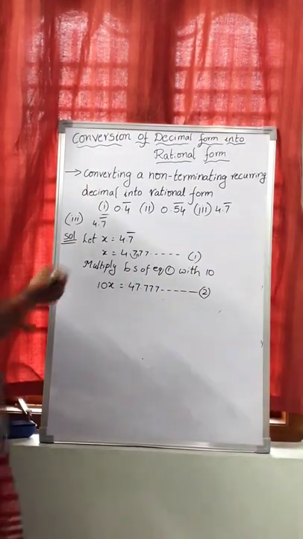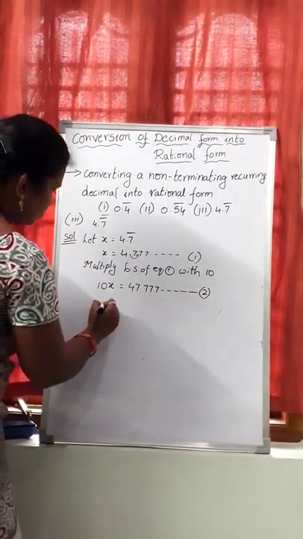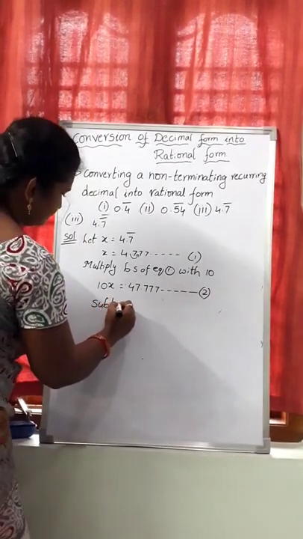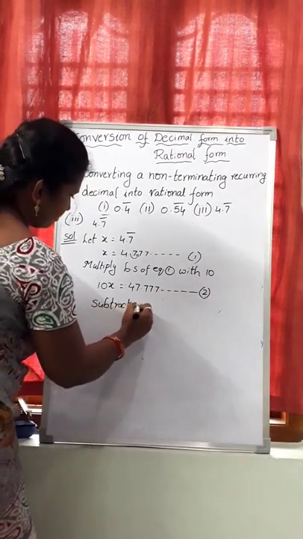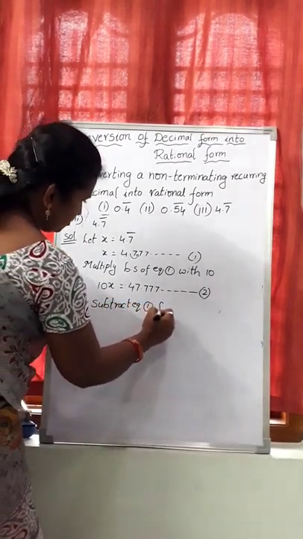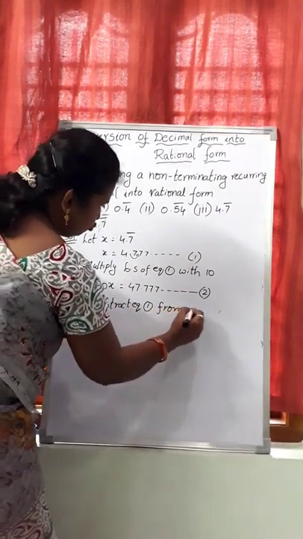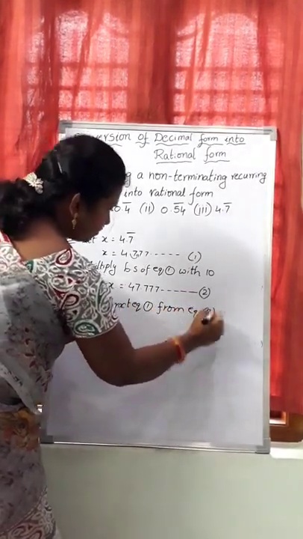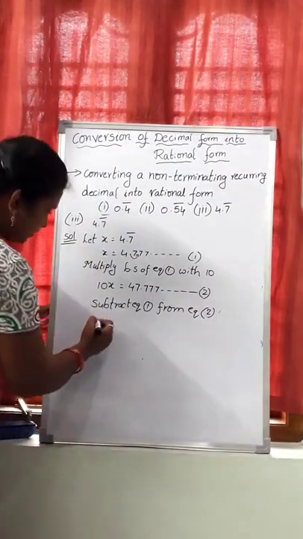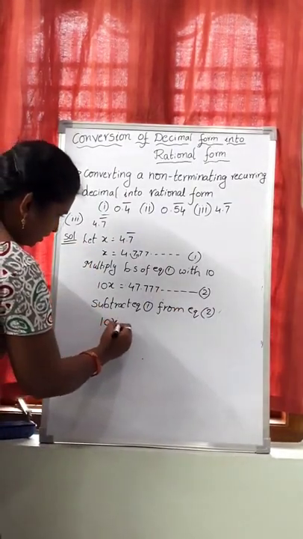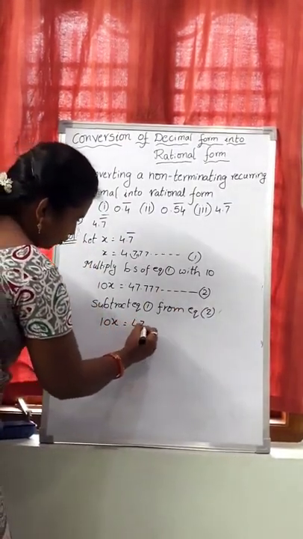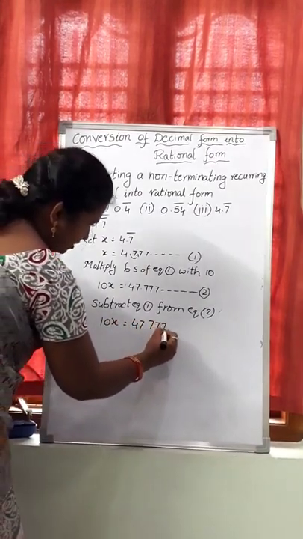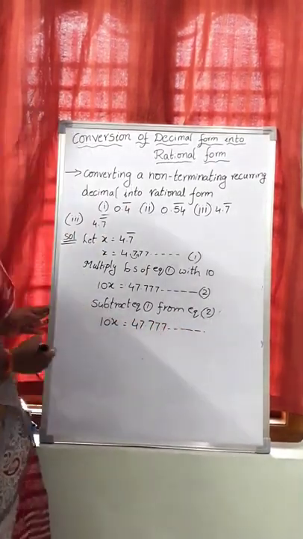Okay, now once again subtract equation 1 from equation 2. Now take the equation 2. This is 10x is equal to 47.777 and so on.